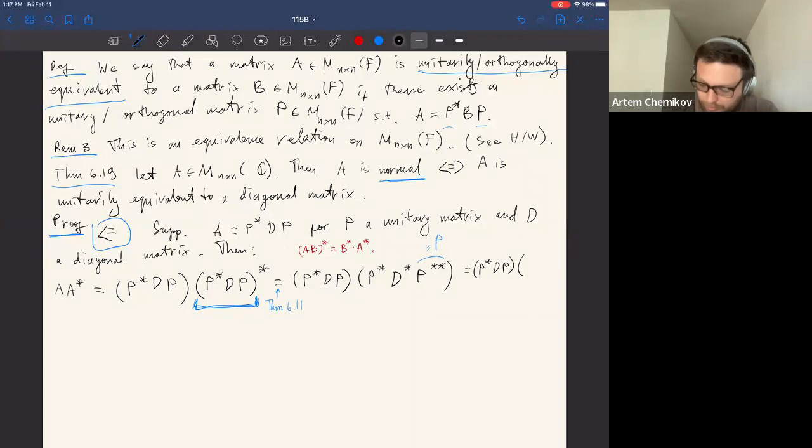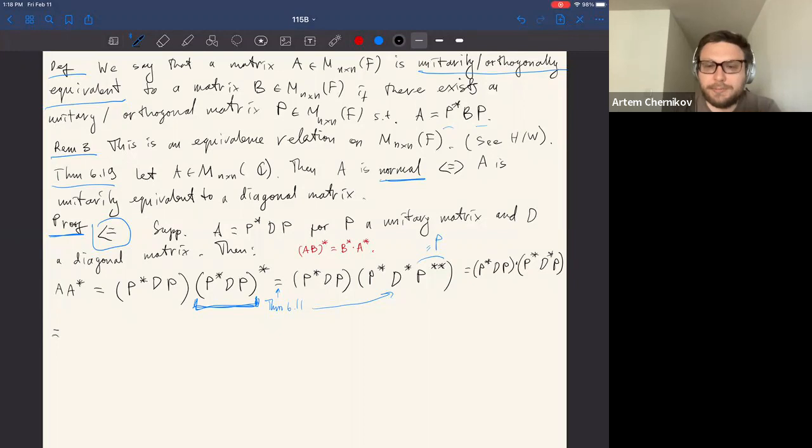So, again by Theorem 611, we get P star times D star times P, right? Now we have these two products and we're taking the product of them, so let's multiply everything.